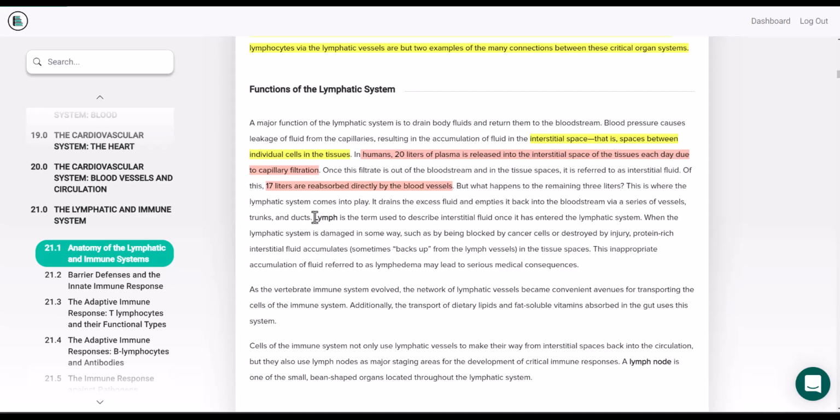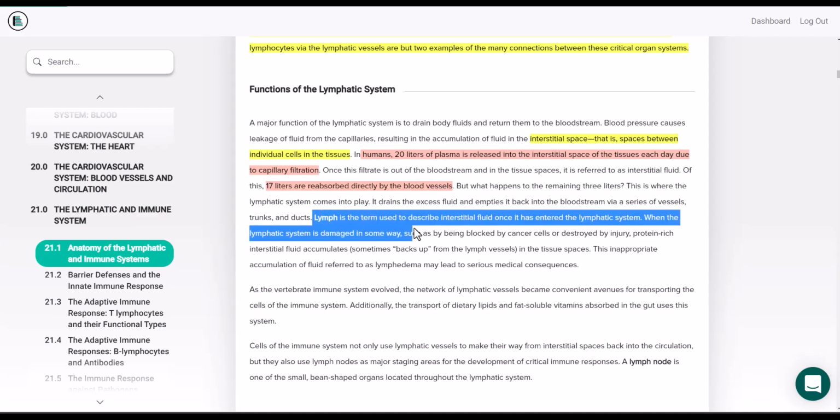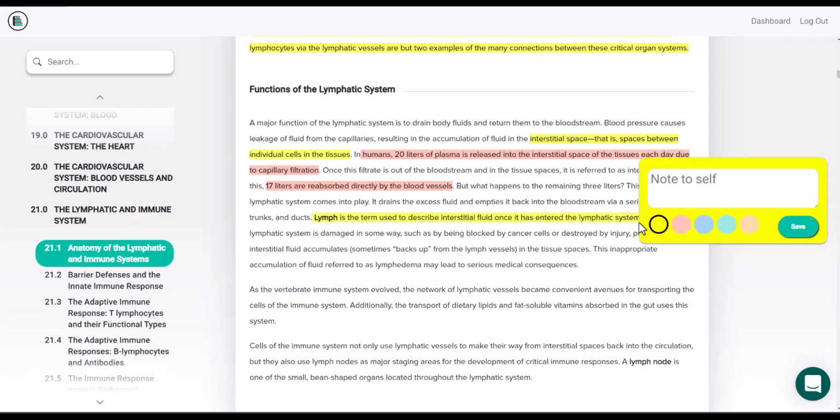Lymph is simply the funny name given for the fluid that is in the lymphatic system. When you are looking at a lymphatic vessel, the fluid in there is called lymph. If you're looking at a blood vessel, the fluid is called plasma. And if you're looking between cells, that fluid is called interstitial fluid.